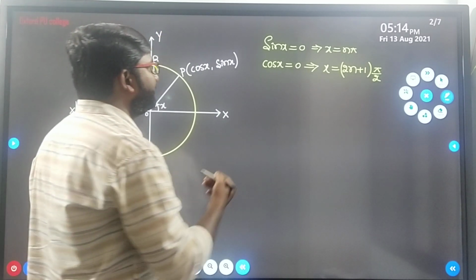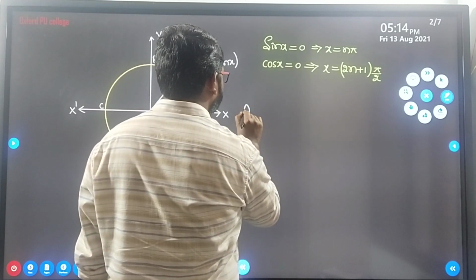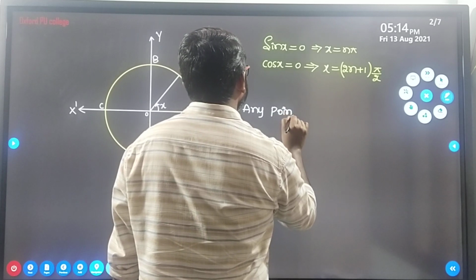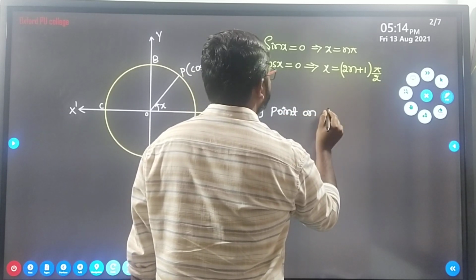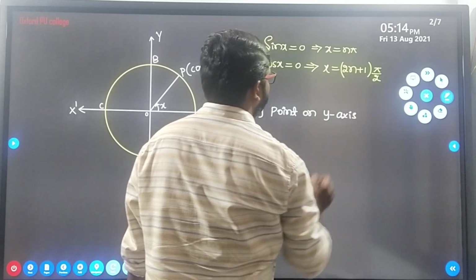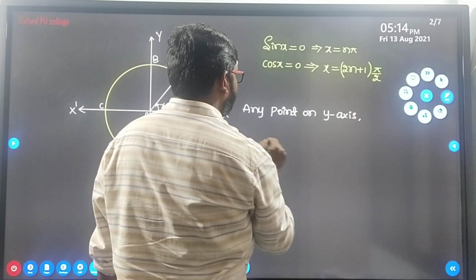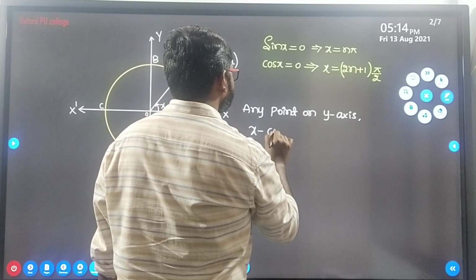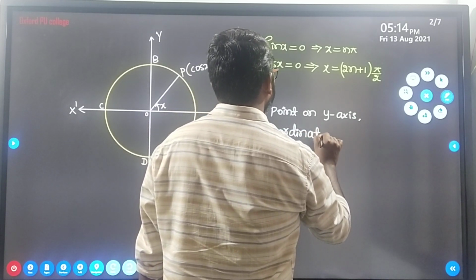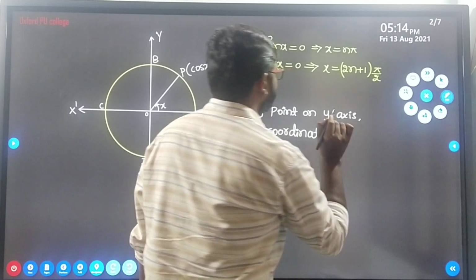Any point on the y axis, the x coordinate becomes 0.